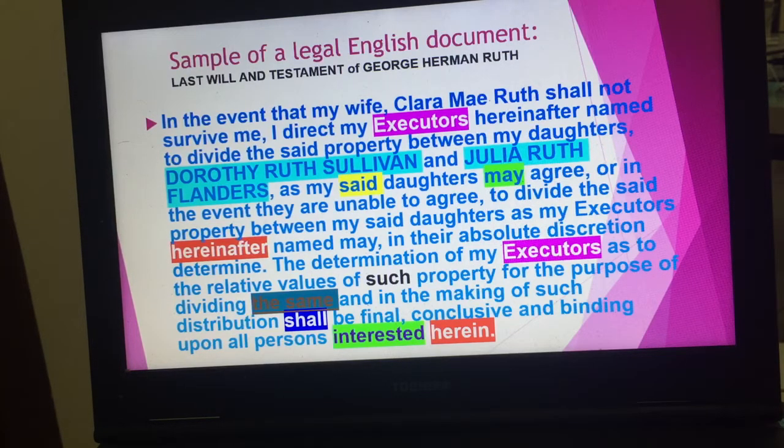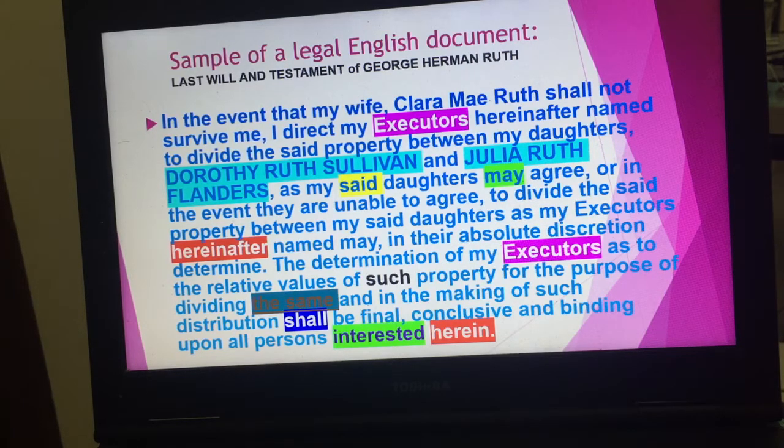As you can see, we have introduced the word said, meaning the aforementioned. And may, it's a possibility, but it's not a perhaps. In other words, it's up to them to decide, may agree or not agree. It's up to them.